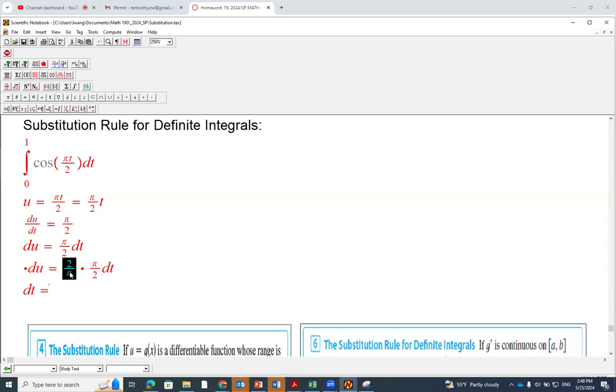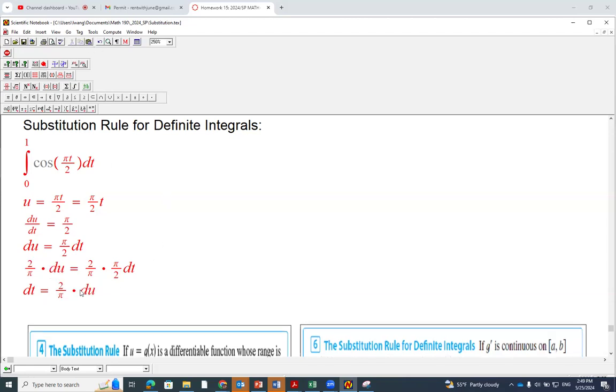This makes the coefficient 1, and dt equals 2 over pi multiplied by du. We can remove the dot.